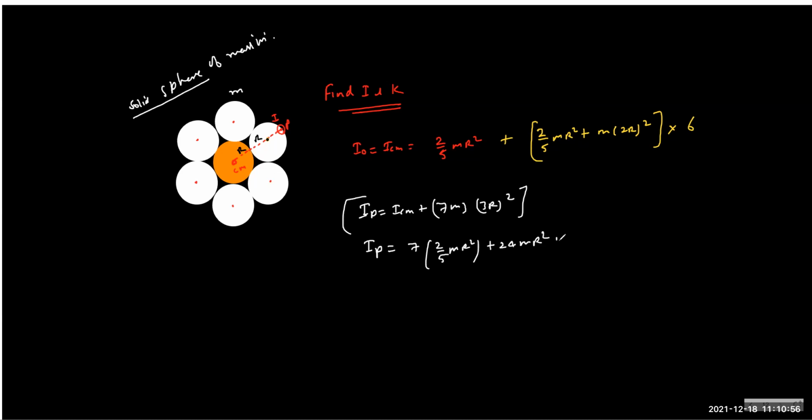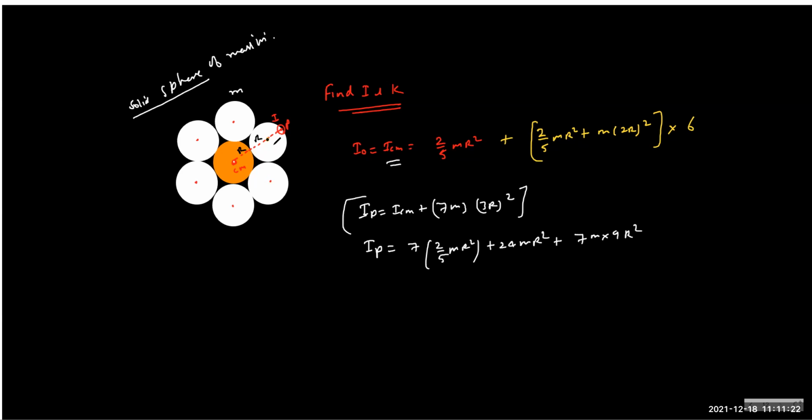So can you again explain the first one? Which one? This one. So what is the moment of inertia of the central sphere about this axis, which is normal to the plane, passing through the diameter? 2 by 5 mr square, correct.